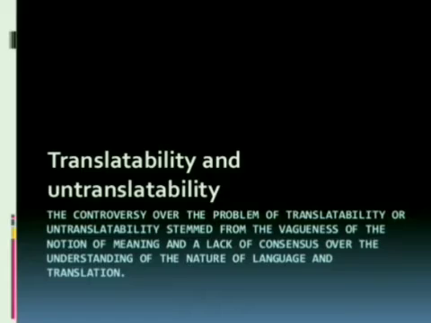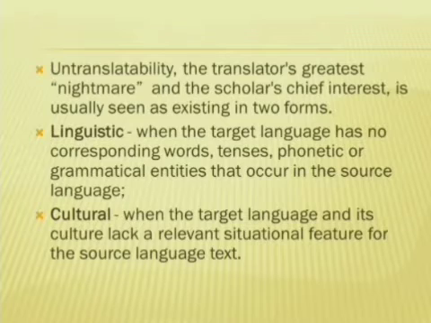Some languages may have some kind of natural or just linguistic words that belong only to the culture of that native speakers. It means the translator's greatest nightmare and the scholar's chief interest is usually seen as existing in two forms.